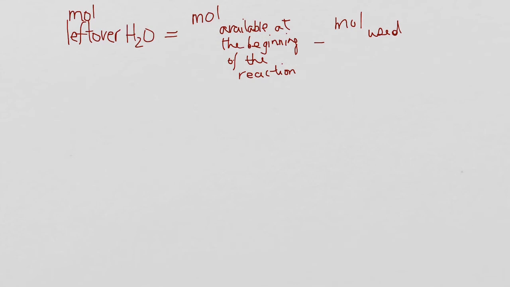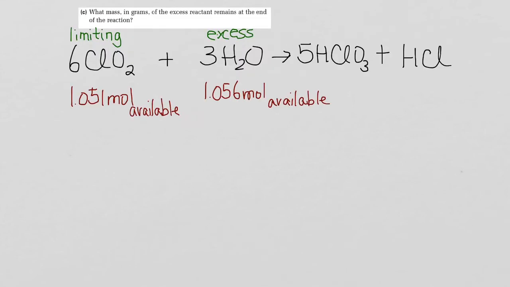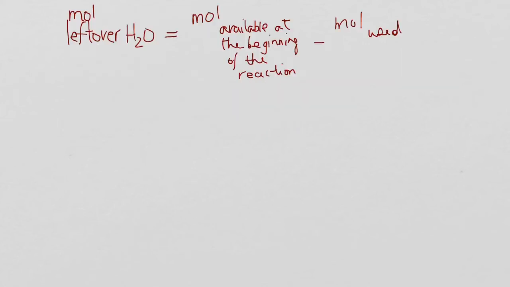So the number right here is the number available to us at the beginning of the reaction. So in this equation, we have 1.056 moles available to us in the beginning of the reaction.